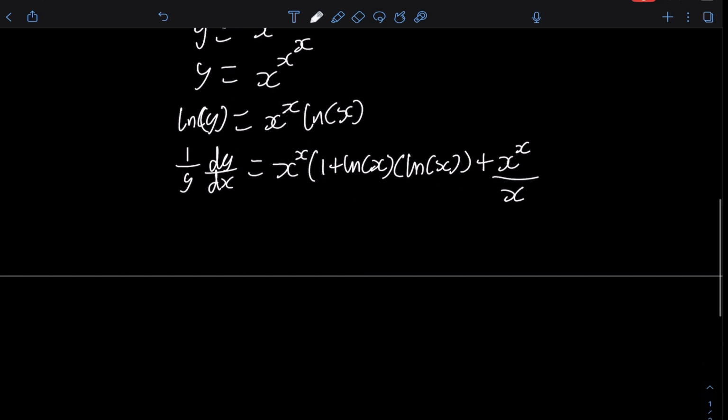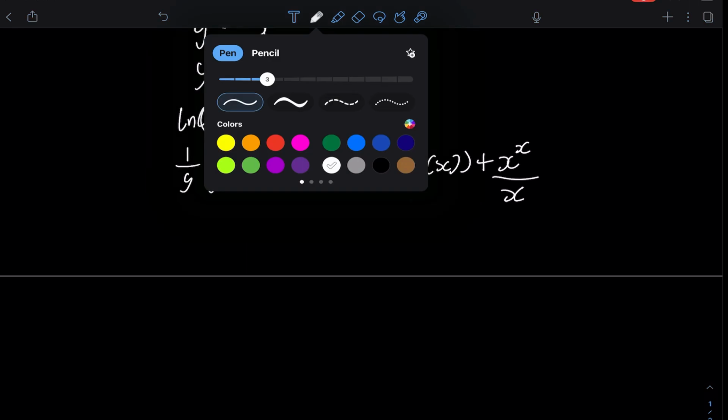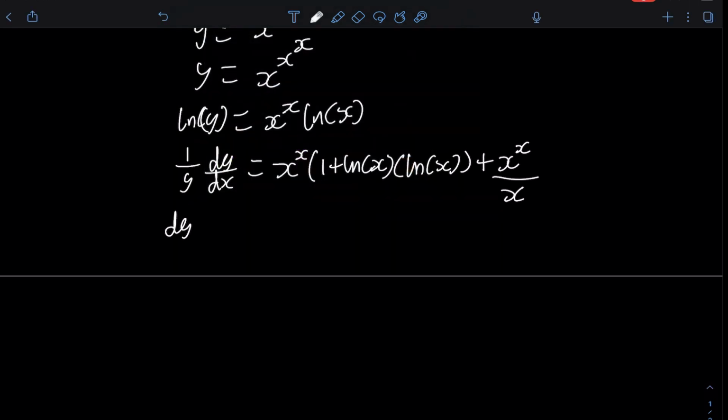So what we can do now, multiply by y on both sides, we see that dy by dx is going to be y all times. Here we can distribute the natural log into this right here, but keep the x to the x factored out. So we can actually even factor out an x to the x from this entire thing, because we have an x to the x here and here.